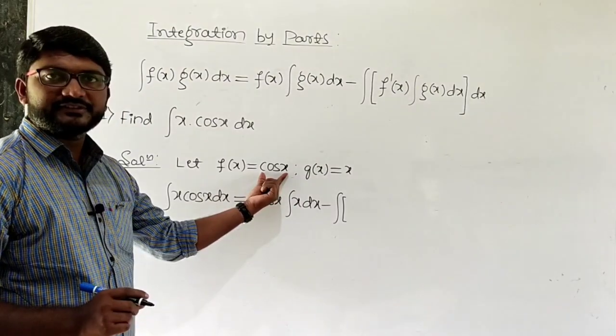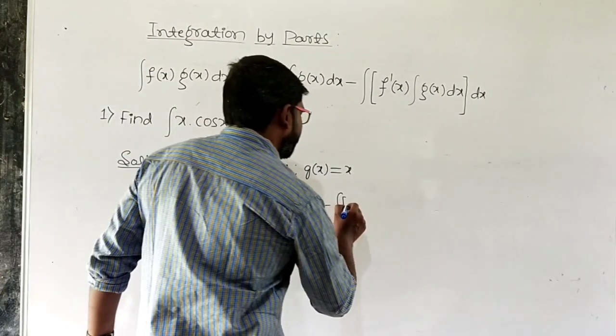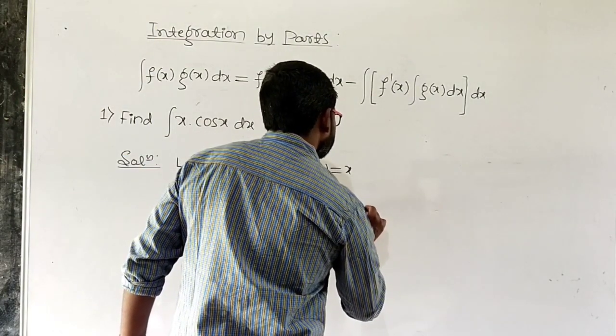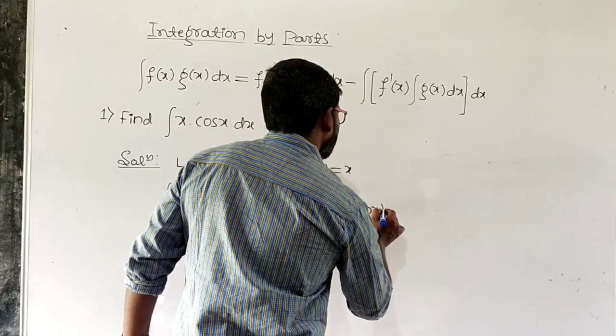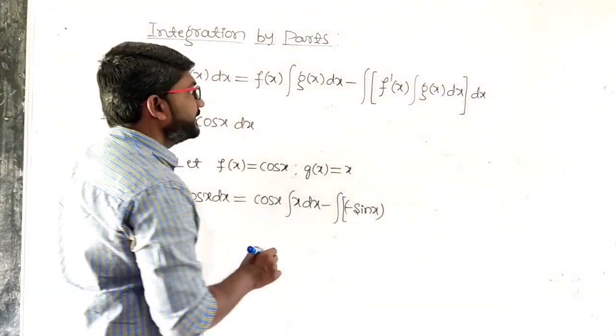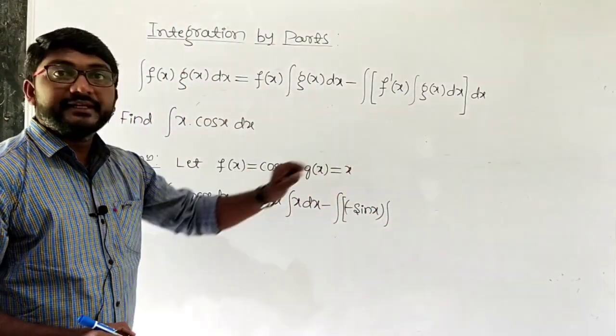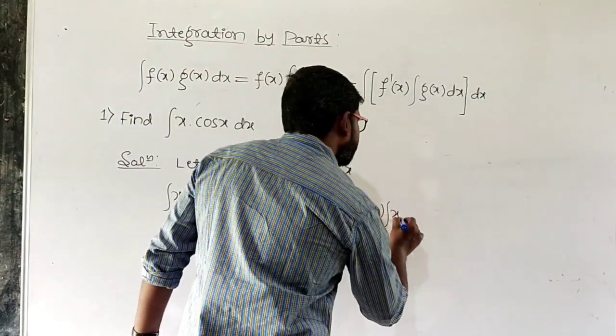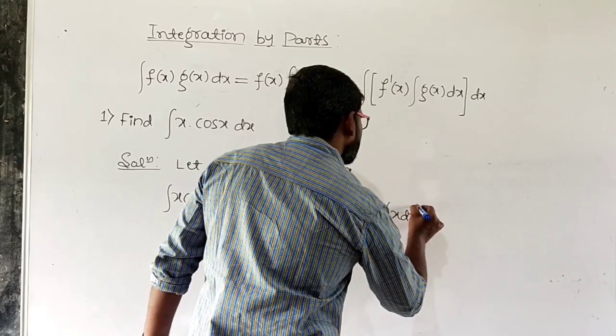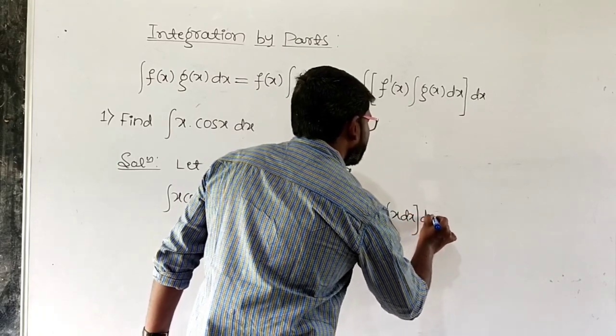What is the derivative of cos x? It is minus sin x, and then integral x dx, and then close the bracket, write one more dx.